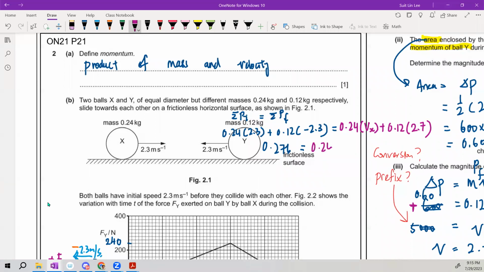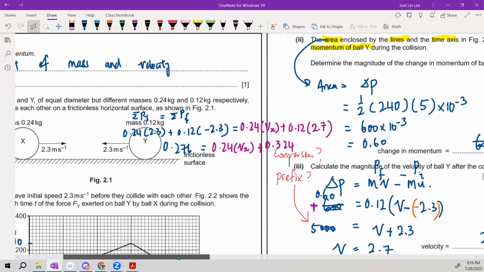So what is 0.24 Vx plus 0.324. This 2.7 is positive, so it changes direction.